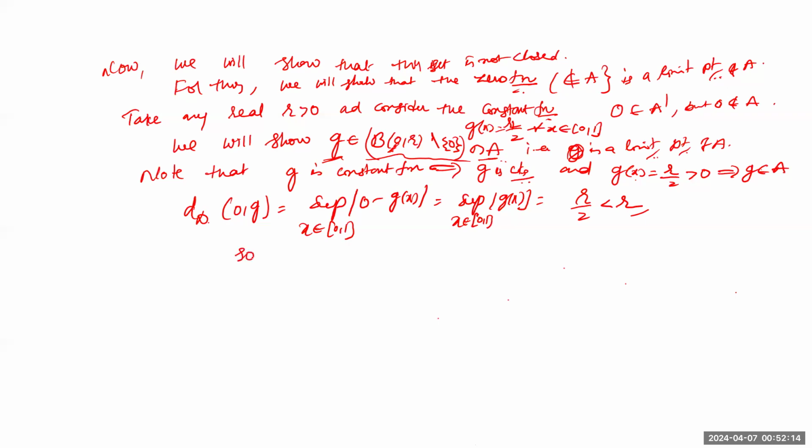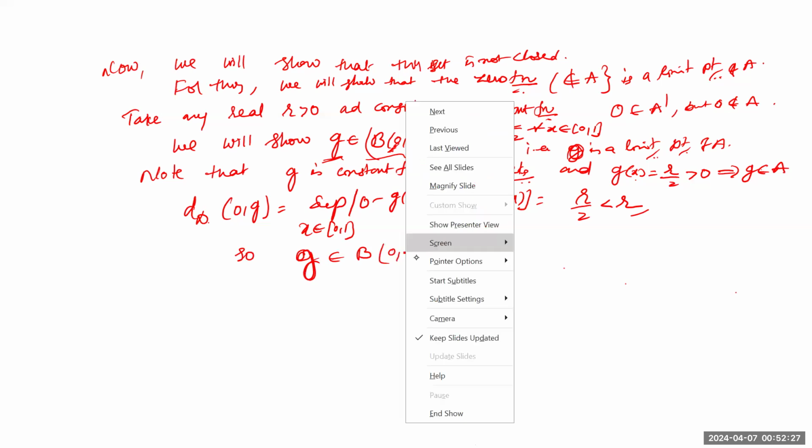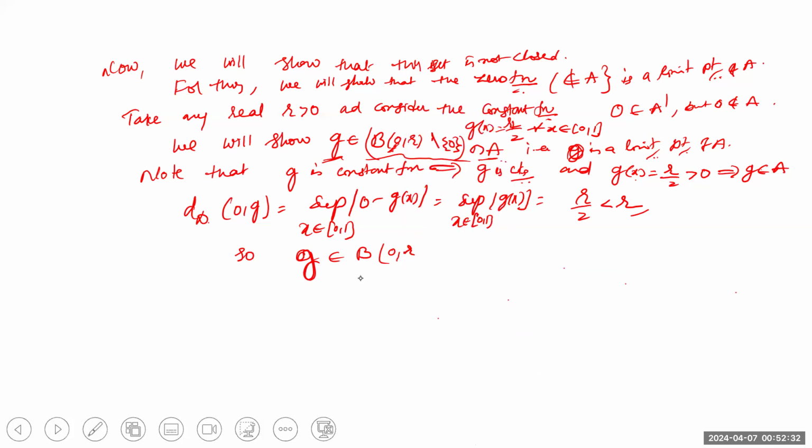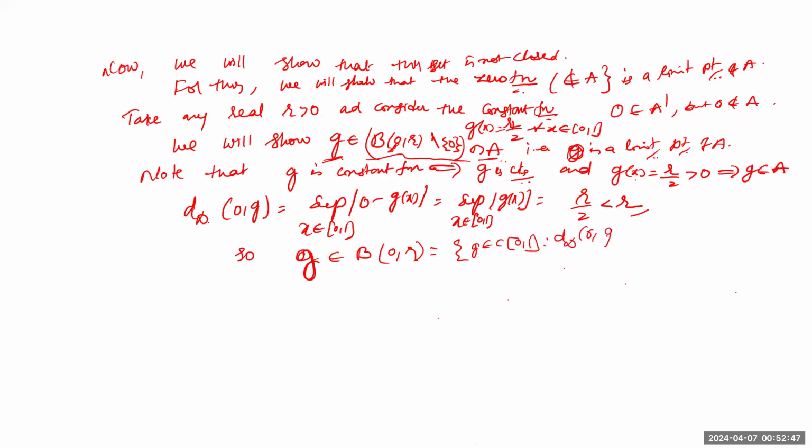So your g is a member of the open ball 0 comma r, that is the set of g belongs to C of 0 comma 1 such that d infinity of 0 comma g is less than r.